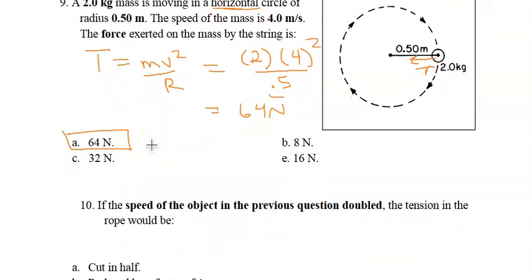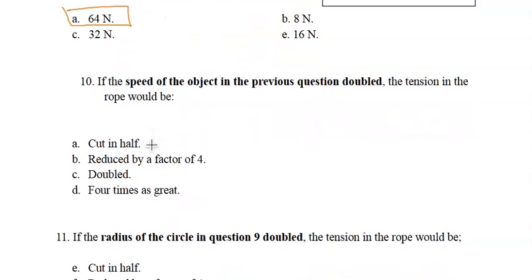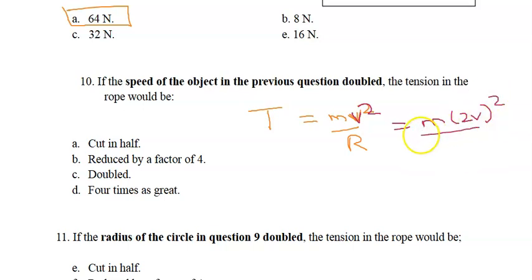Question 10, if the speed doubled, so you can do the math out and plug it in with the speed being 8, but again, a really good skill in physics is to say, oh, my velocity is squared. So if I double that, if I put in twice the value that I had before, since 2 is squared, it's 4 times what I had before.